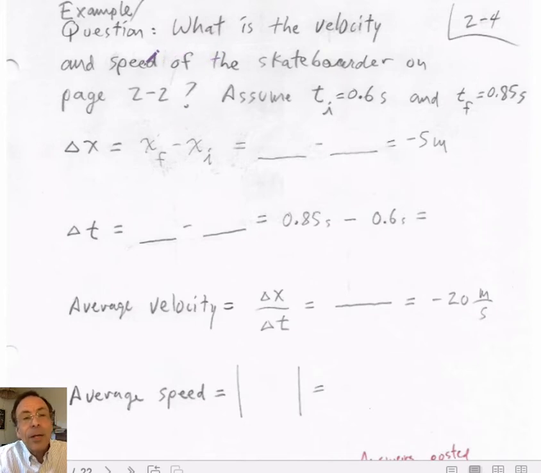And then I'm also going to ask, what is the speed of the skateboarder? And I'm giving you some new information here. We've got the initial time of 0.6 seconds and the final time of 0.85 seconds. So take a look at this. What should be in these blanks?